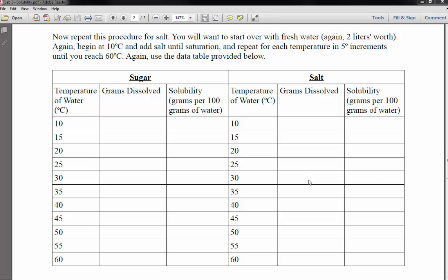Add your 2 liters of water, then start from scratch. Maybe you can add up to 350 grams because you know that that's what's in the 25, and then add a smaller increment than before to the 30 until you reach the saturation.